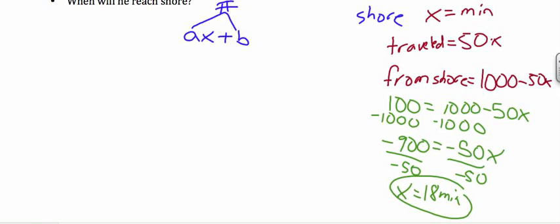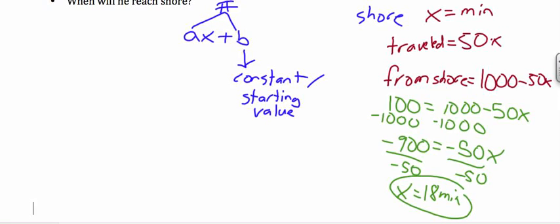The b number is going to be some kind of constant or starting value. Okay, so maybe this is the amount of money you started with. In this last problem's case, it was the distance I was from shore. No matter what you were trying to figure out, you still had to start with the understanding that I was 1,000 yards from shore.